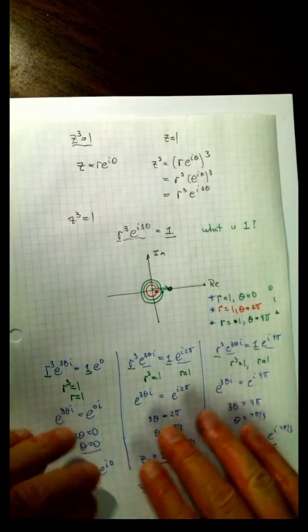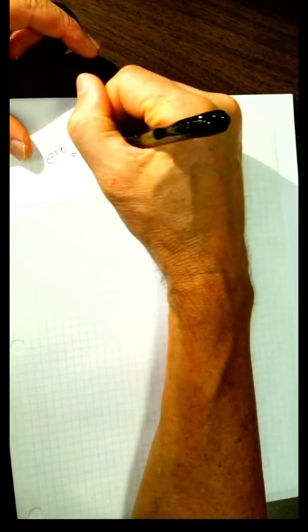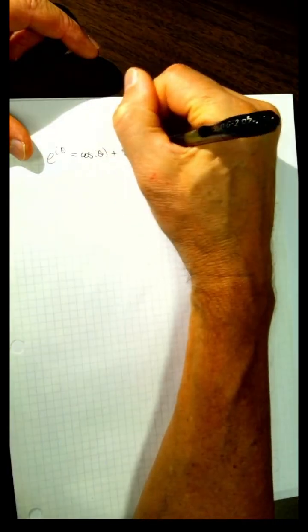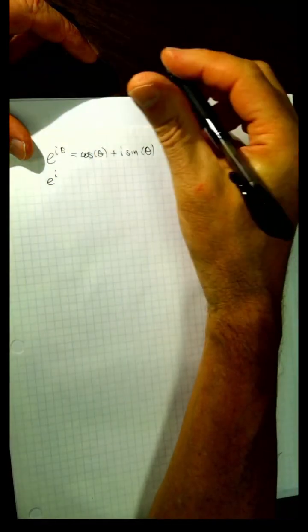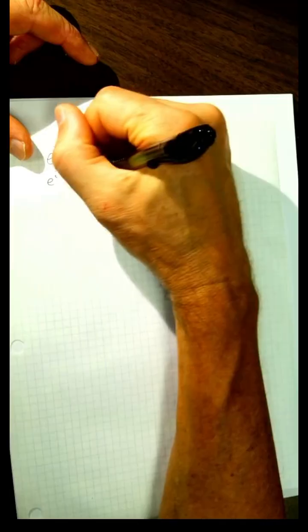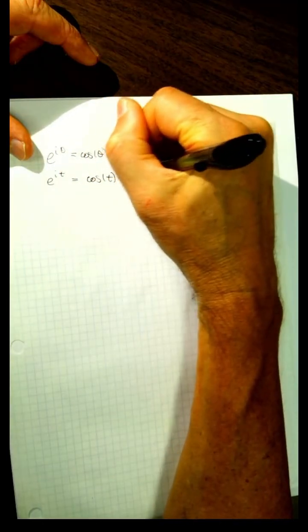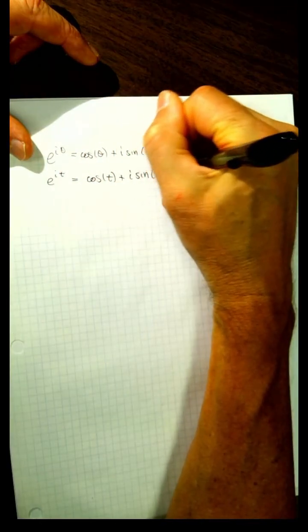Okay. Last thing, I want to do just a couple important notes about this. Notice from Euler's formula we had e to the i theta is cosine theta plus i sine theta. That means if I plug in, instead of theta, t, I'm going to get cosine t plus i sine of t.